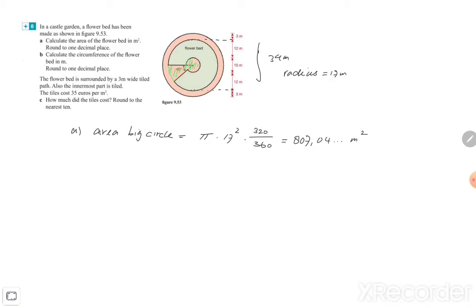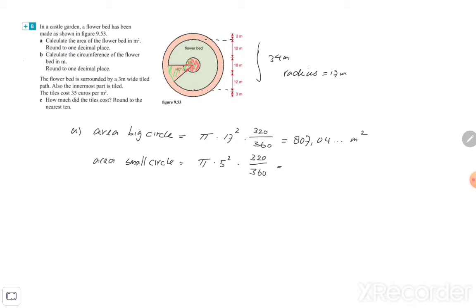Now we're going to subtract the part inside the flower bed, again without that part of 40 degrees. So the area of the small circle without that small part is pi times 5 squared, because the radius is 5, but again we only need the part 320 of the 360, because we do not need the whole circle.